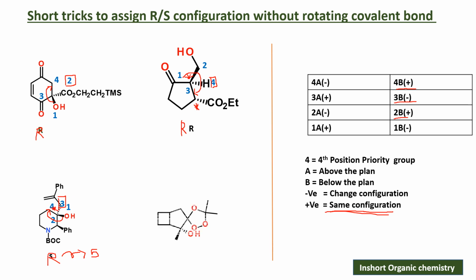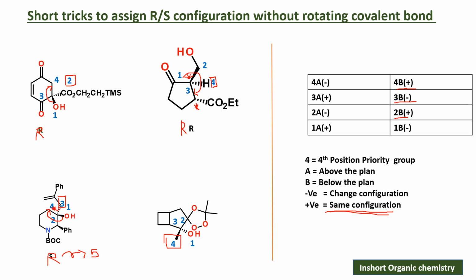Okay. The next example is this fused compound. The first step is to give the priority: first, second, third, and this fourth. Here also you can hide any above the plane or below the plane group. So here I am hiding this fourth position group.